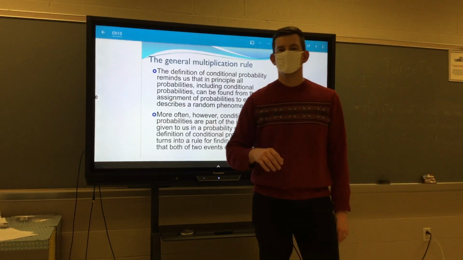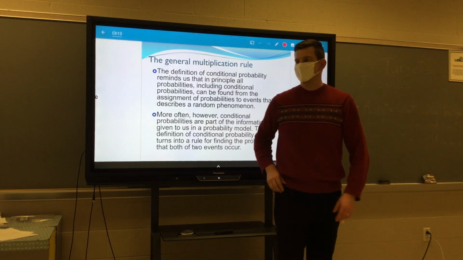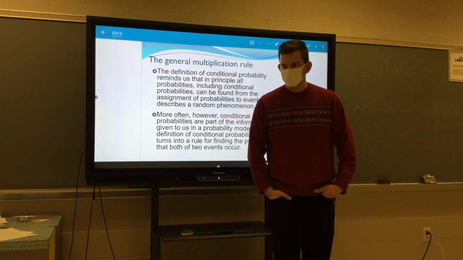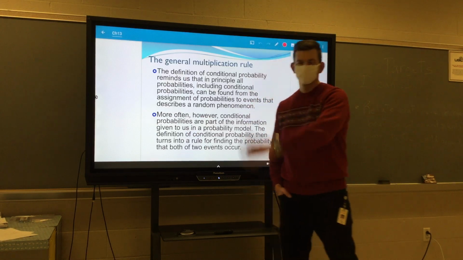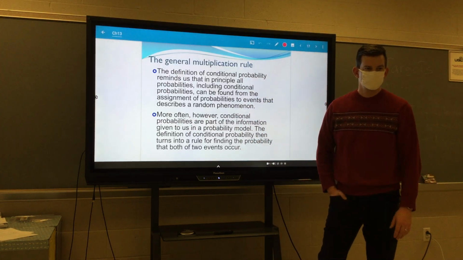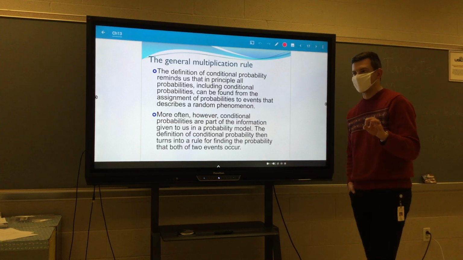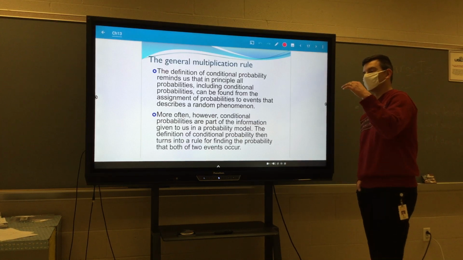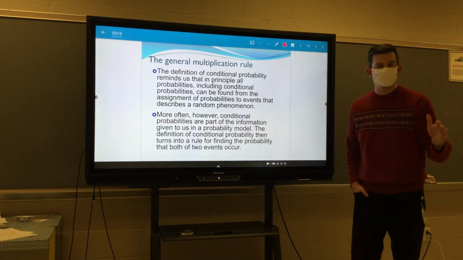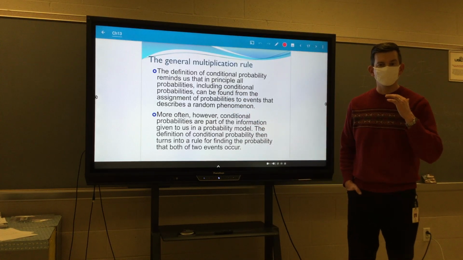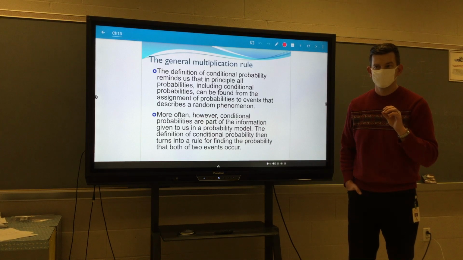I said last week, you have 4 t-shirt colors and 2 ink colors. How many total shirts can you make? 4 times 2, 8 shirts. It all is traced back to that idea, except when we're talking with probability, you're allowed to multiply probabilities together to get your overall possibility.